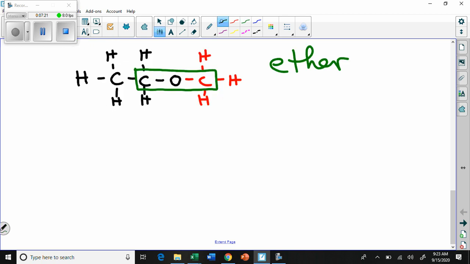Another thing that can happen is if I take, I'll just draw one carbon this time. Well, actually, no, I'm going to draw two. And I take this carbon, and this carbon happens to have a carboxylic acid group, a carboxyl group, right on the end, and something else comes along.